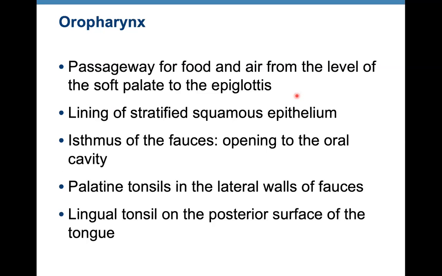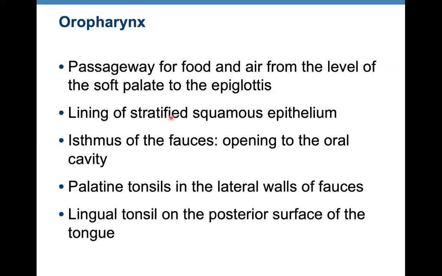When we actually look at the oropharynx, the lining has now changed from pseudostratified to stratified squamous epithelium. And the reason why you're seeing multiple layers of cells now is because the stratified squamous epithelium is now a shared structure with the digestive tract. And when you eat things like Doritos, which can be quite harsh when you swallow, they're going to scratch the throat there a little bit, okay?